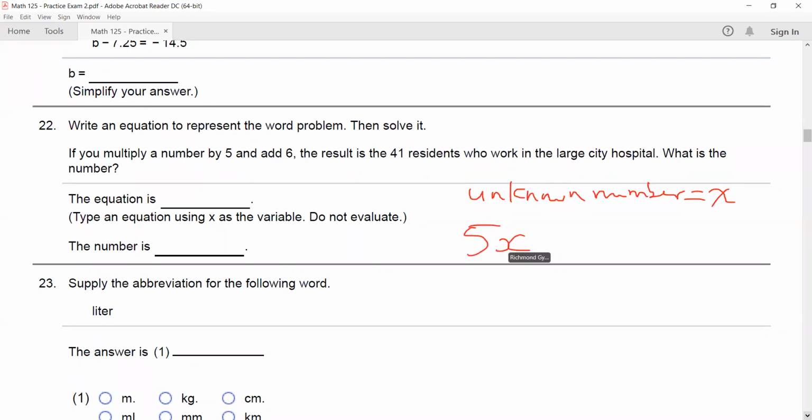Multiply the unknown number by 5, and you add 6, plus 6. The result is the 41 residents who work in the large city hospital, equals 41. So what have I done? I've got my equation. So I write that here.